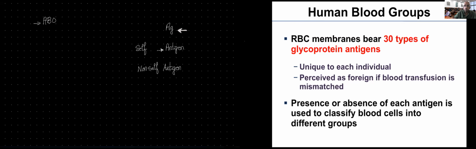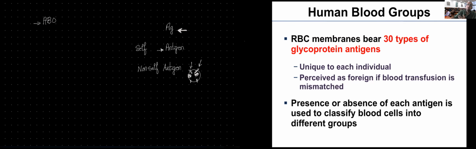So how does your body recognize a bacteria, for example? The bacterial cell contains non-self antigens. So whenever your immune system recognizes the antigens presented on the surface of the bacterial cell, it starts to create an immunological response and attack this bacterial cell.